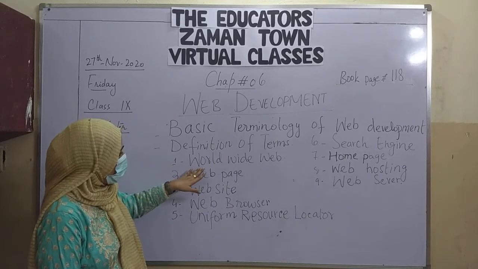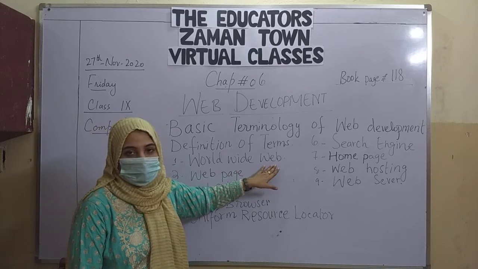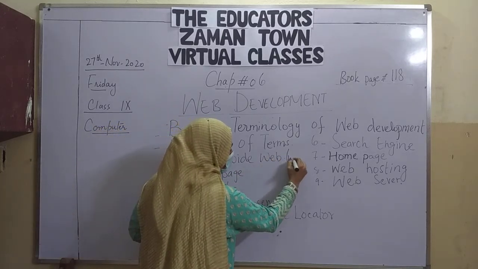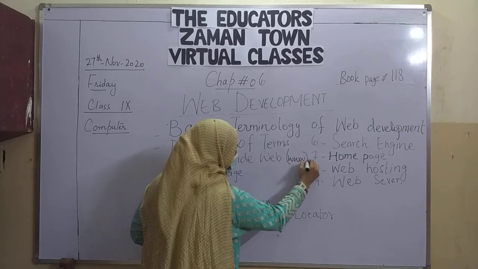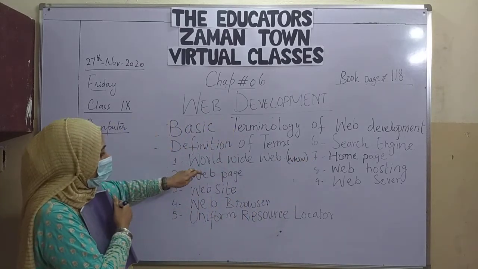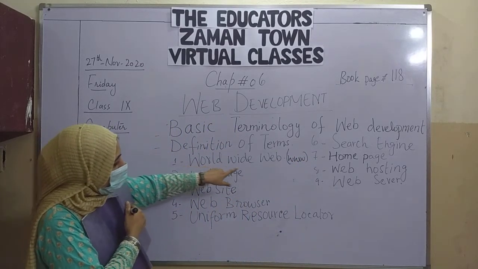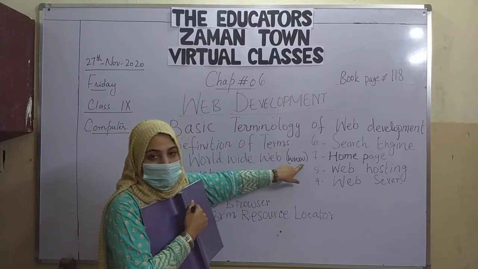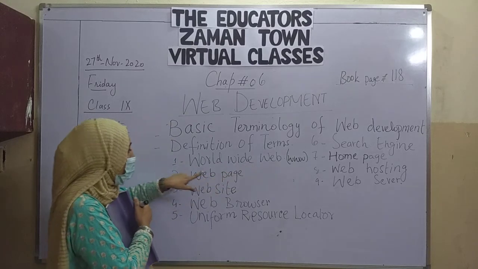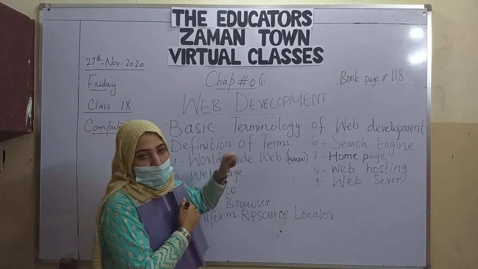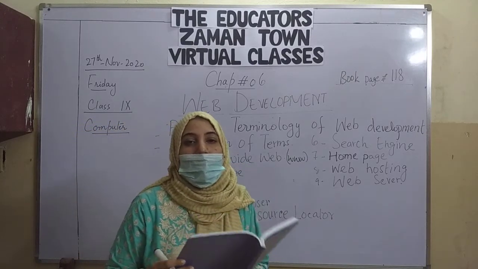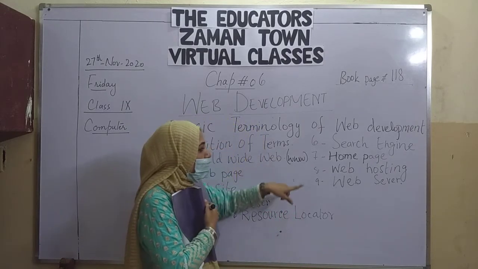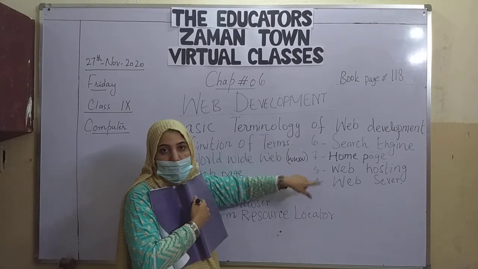Number one, World Wide Web. All of you know what is meant by WWW. The first W is for world, the second W for wide, and the third W for web. World Wide Web. Whenever you enter any website, you should write this www dot.